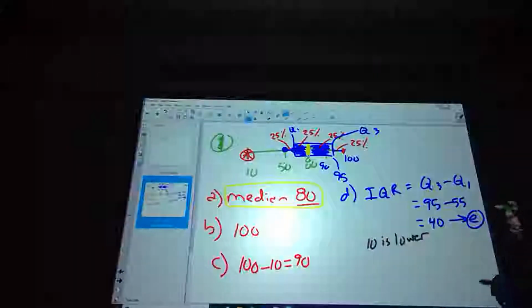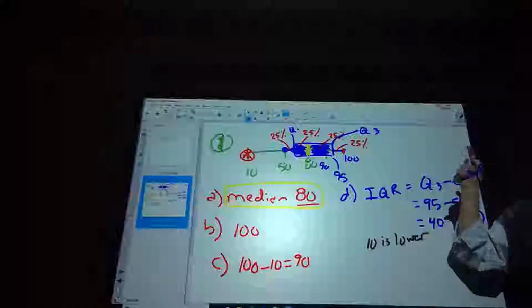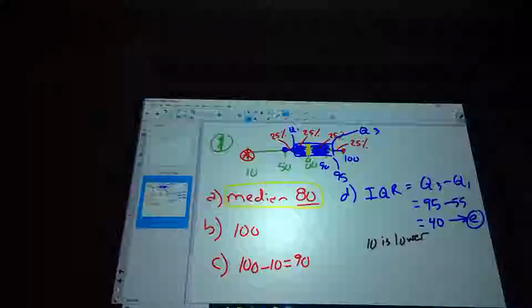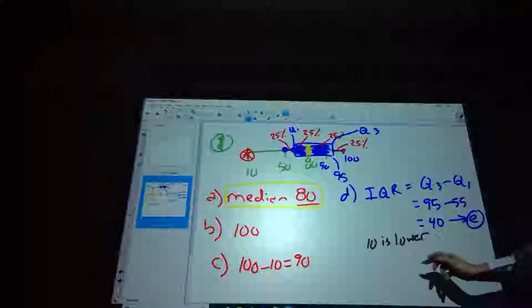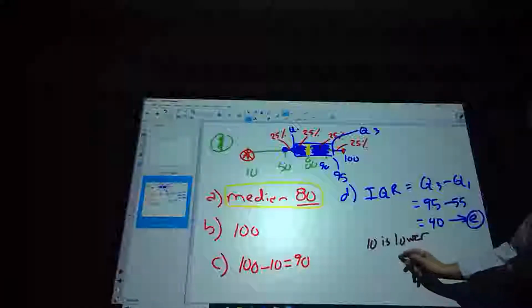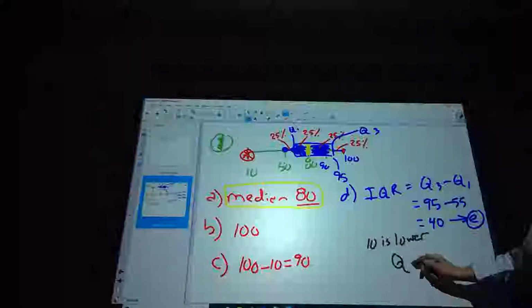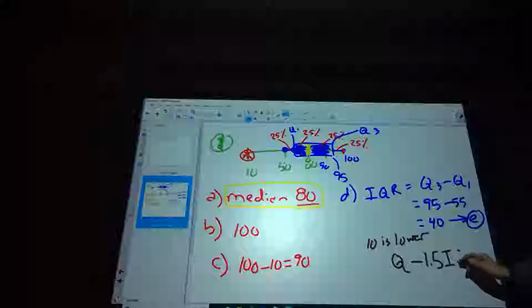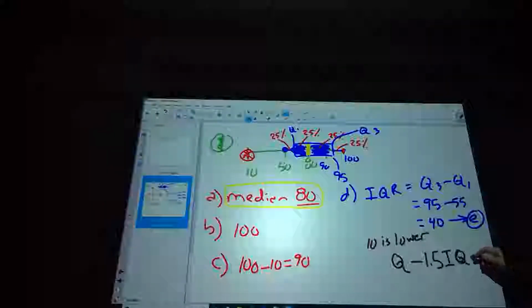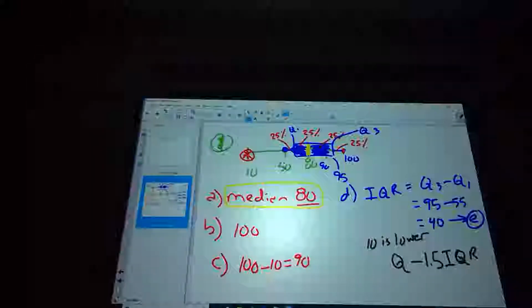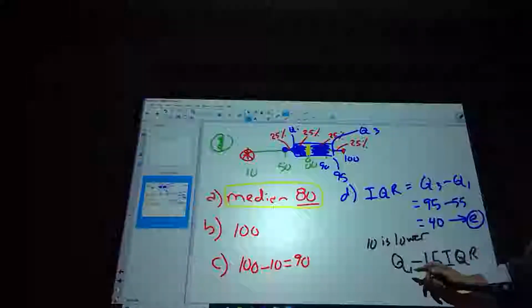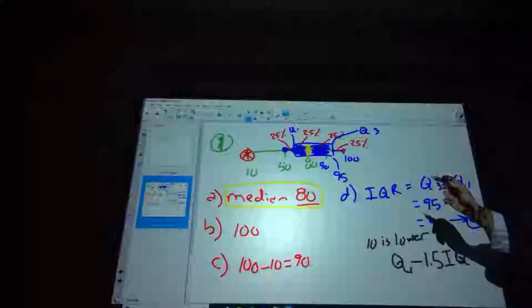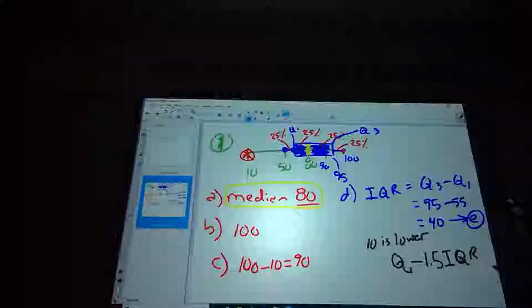So let's ask this. Is this 10 to the left of all my data, or is it to the right of all my data? To the left. Everyone okay with that? So I'm going to do Q1 minus 1.5, whatever the IQR is. So what's the IQR? What did I just find it to be? 40. And then I have Q1. So Q1 up there is, what did we say Q1 was?